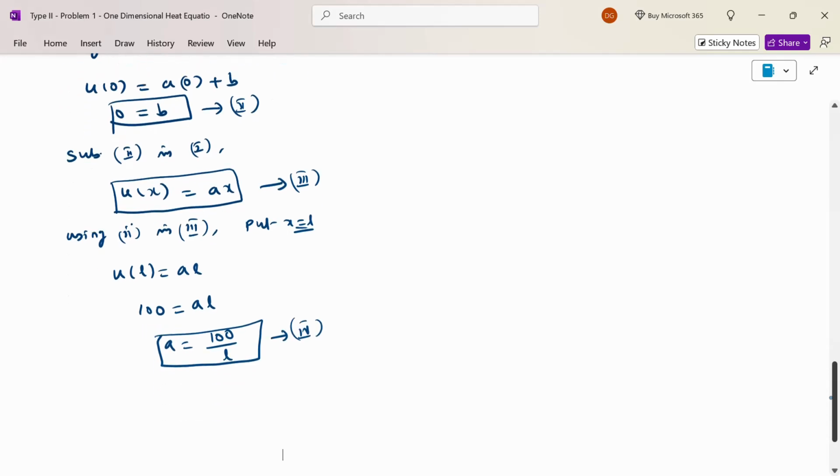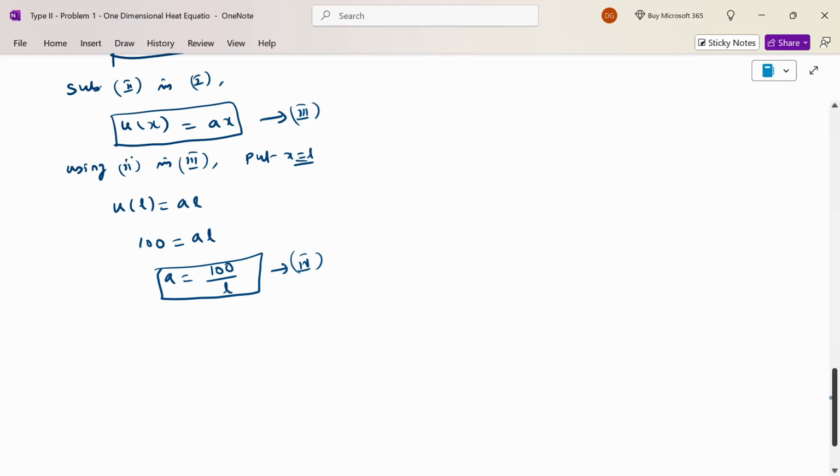Substituting the fourth equation in the third, u of x equals 100 by L into x, when the t value is 0.